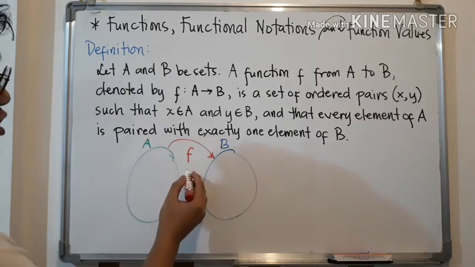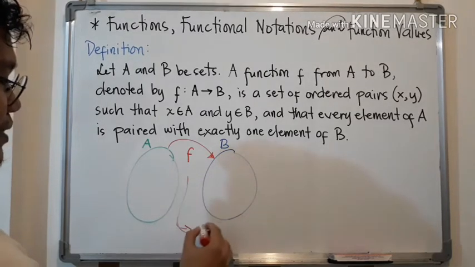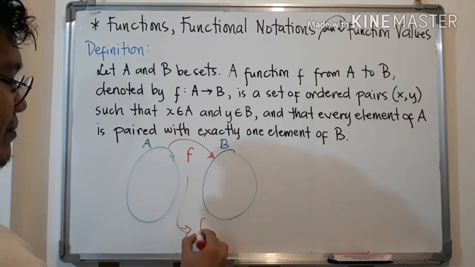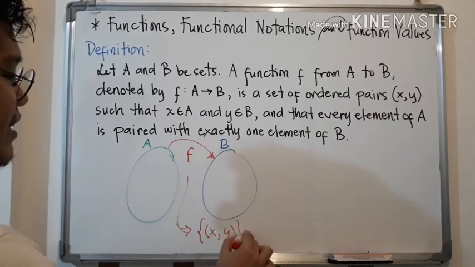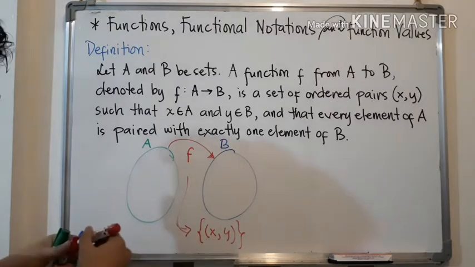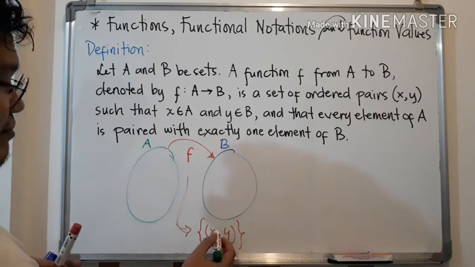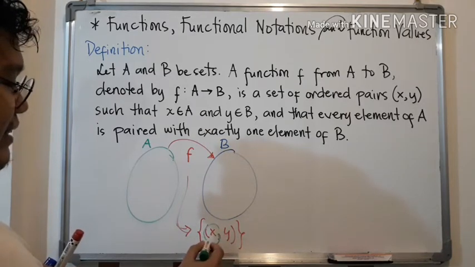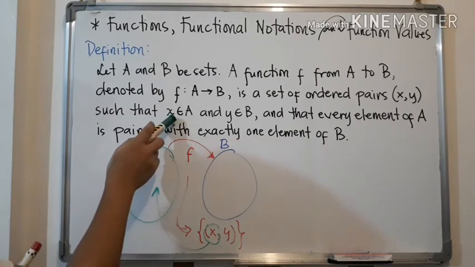And this function refers to the set of ordered pairs x, y, such that in the set of ordered pairs x, y, the x coordinate is an element of set A. Yung sinabi dito.